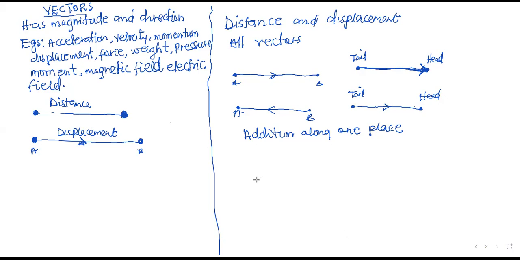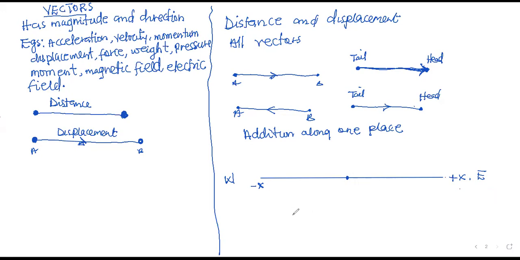If I draw a horizontal line representing the x-axis, if this is the center, then it means that this point is a positive x and this is the negative x. This can also represent east, and the negative x can also represent the west.